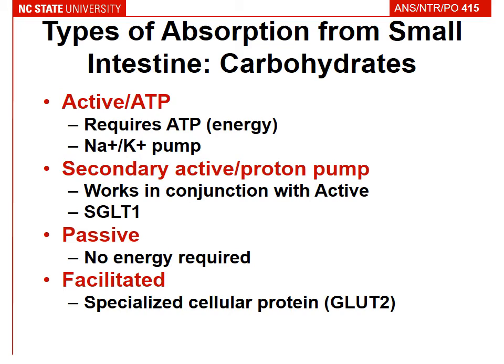And then finally we have facilitated, where it's not passively diffusing through, but there is a transporter. There's a protein that the nutrient has to go through. It's almost like a tunnel that has proper charging that it can go through.